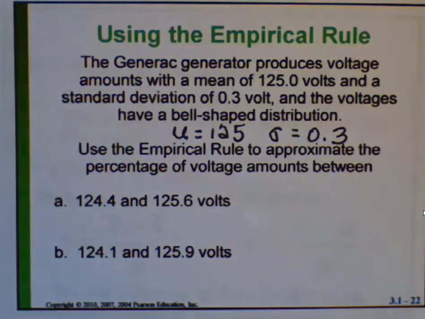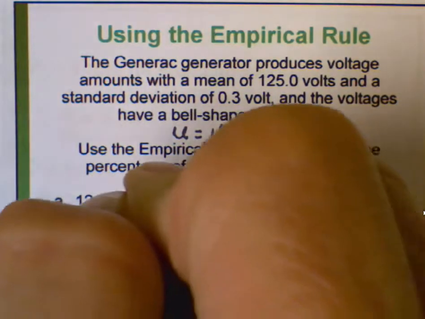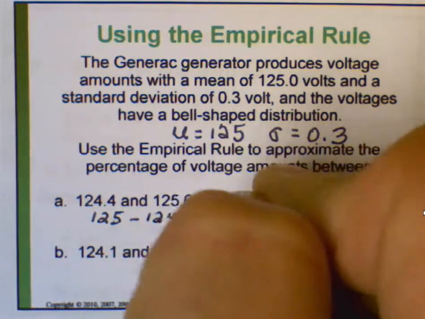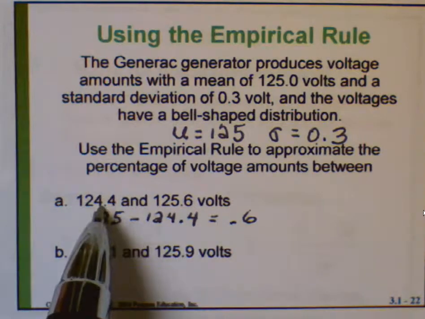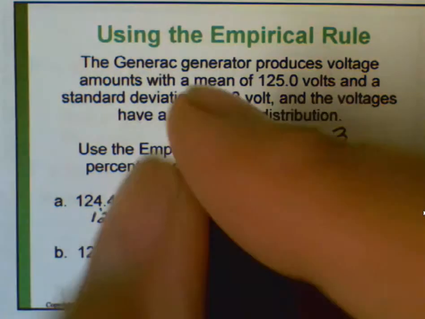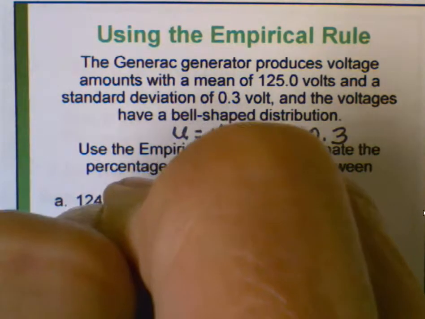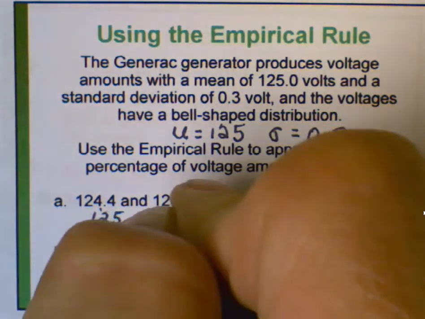Well, the mean is 125, and so 125 minus 124.4 is 0.6 volts below the mean. This one's 0.6 volts below the mean. This one is 0.6 volts above the mean.